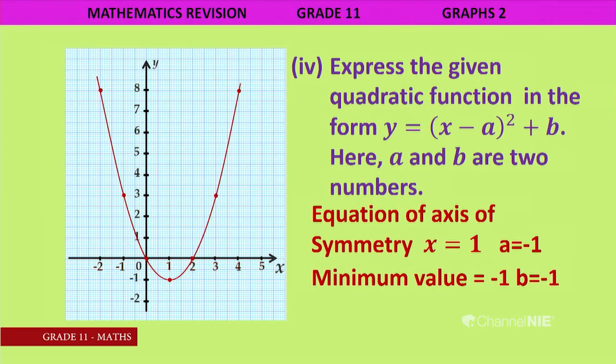The minimum value is minus 1, therefore b should be minus 1. Then what is the equation? y equals x minus 1 squared minus 1.